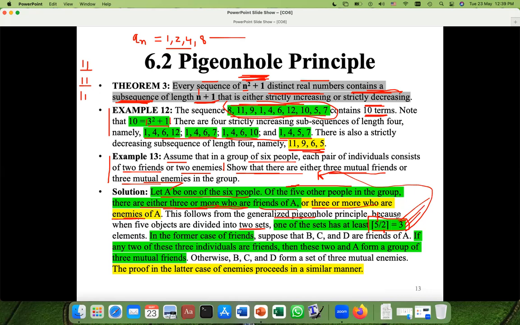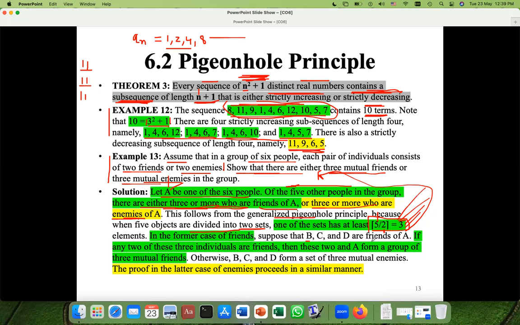So now we have 3. We have the answer from this generalized pigeonhole principle. We have 3, so we can consider 3 persons. For the former case, the first case of friends, we can suppose A is already taken out.